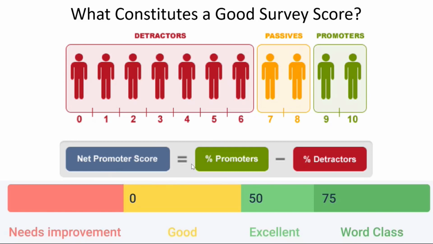They said above 80 is the top percentile, so here we have world class at 75 and above. Although different groups may say it a little differently, they're very close in what they say. They say 50 is really, really good, and 75 to 80 and above is world class. It's very hard to get there.